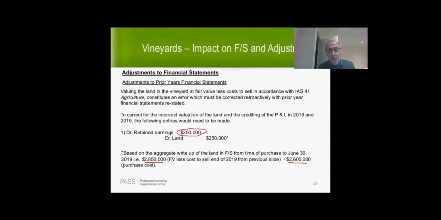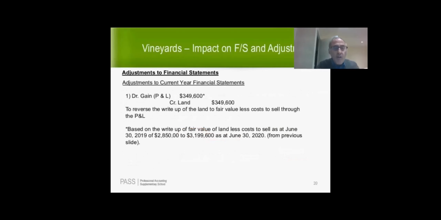When they wrote up the land, they would have debited the land 250. We're now going to credit the land 250. So what we're doing is we're correcting the write-ups that took place in the previous years by retrospectively adjusting retained earnings.